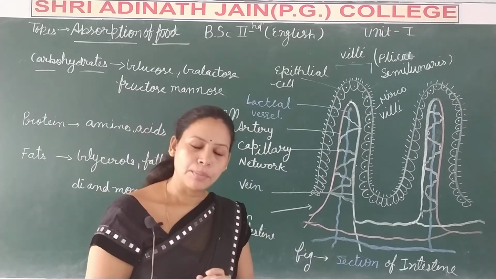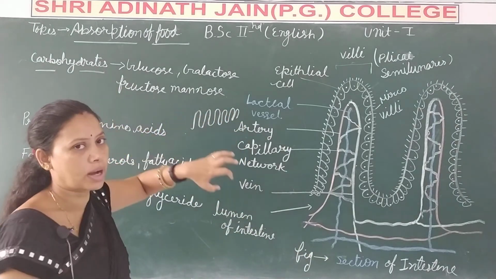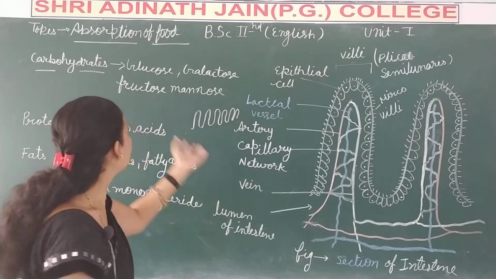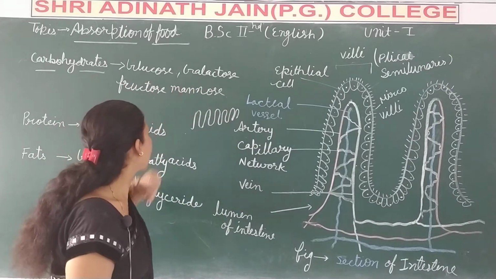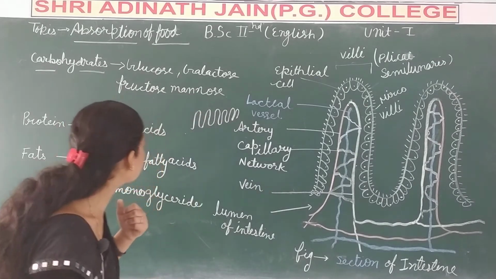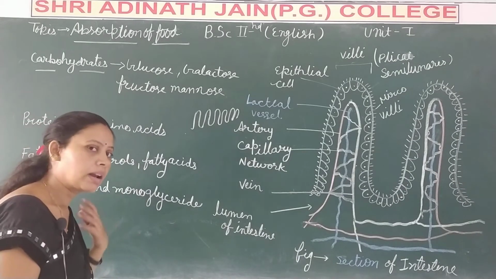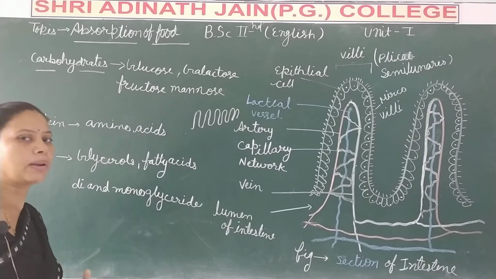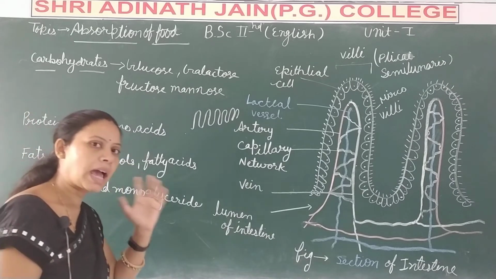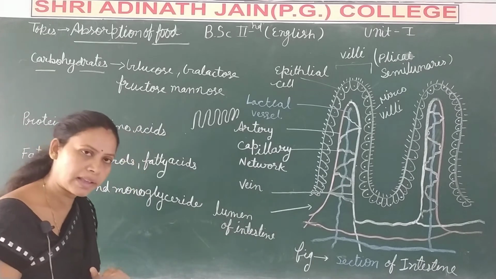The carbohydrate finally breaks down into glucose, galactose, fructose, mannose. In the same way, the protein molecules break down first into proteoses, peptones, dipeptides, and lastly into amino acids.